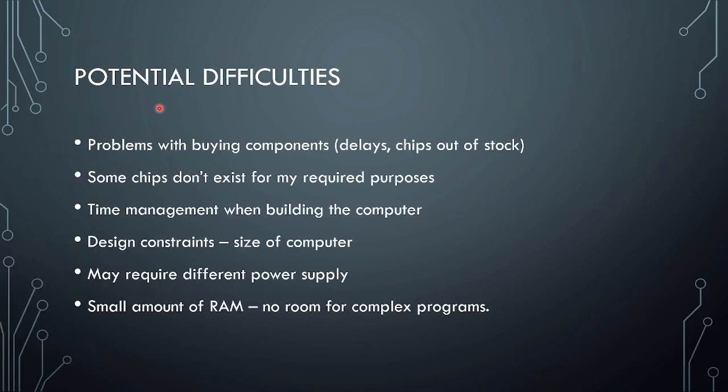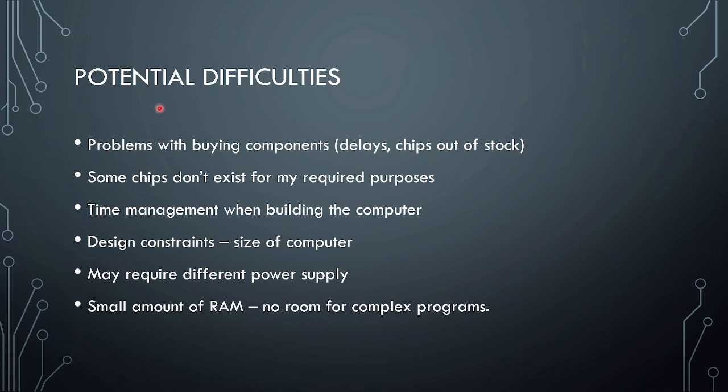So some potential difficulties with the project: the chips that I buy are usually from China. So if there's delays or chips are out of stock, then I will have to do more research to find different chips to use. Some chips don't exist for my required purposes, such as a RAM chip; I had to find a too-big RAM chip because the one I needed doesn't exist.